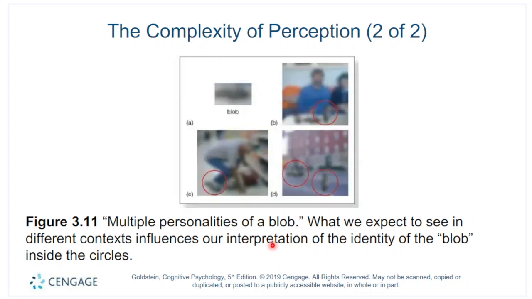Sa atin kasi, kaya natin naiintindihan ang isang bagay, even though it's blurry or even though it's just a blob, it's because we also have prior knowledge about these things, yung nasa background nila. So pretty much we are using top-down processing in order to understand ano ba yung mga blob na to. 'Di ba?